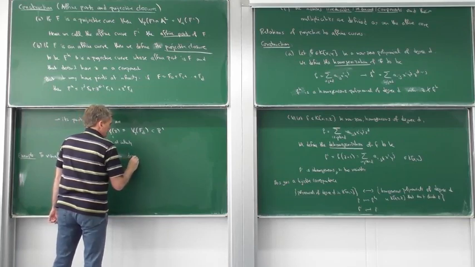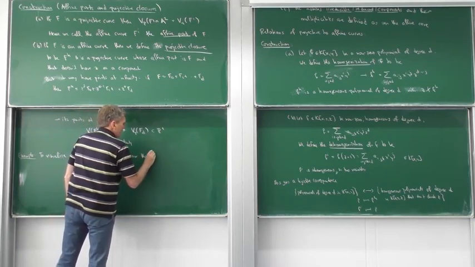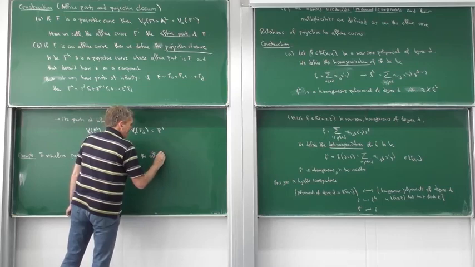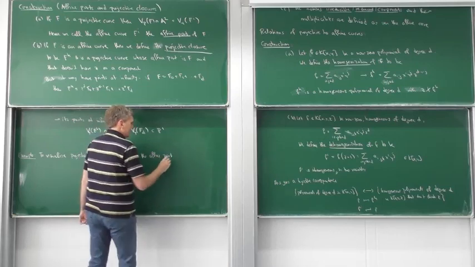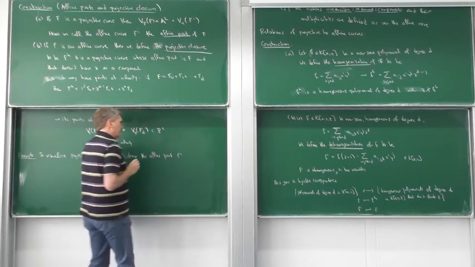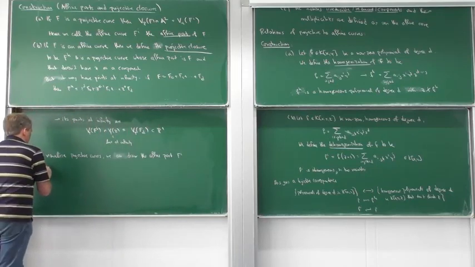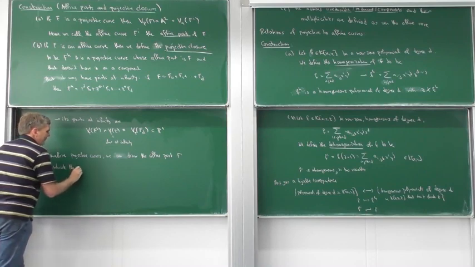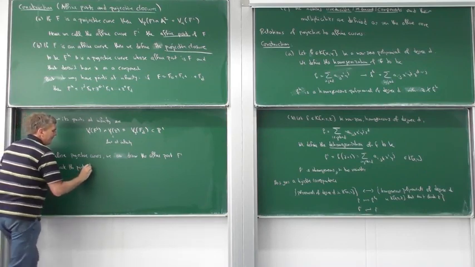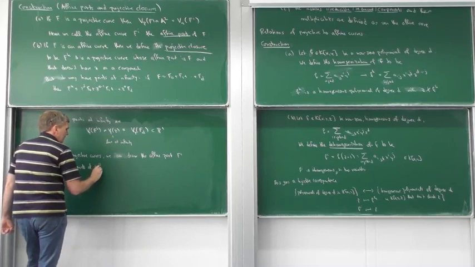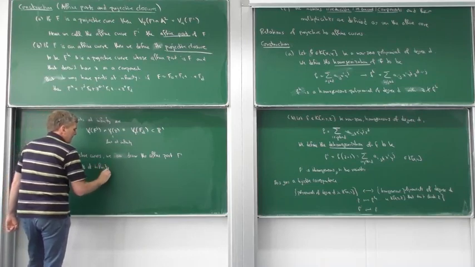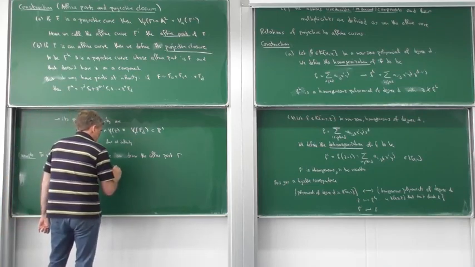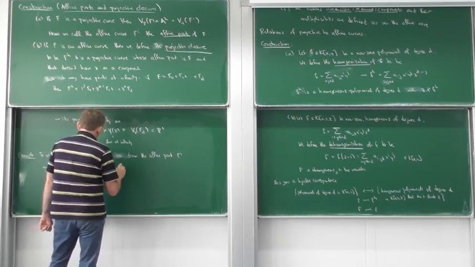We can draw the affine part, so Fi, and indicate the points at infinity that we add by their directions.